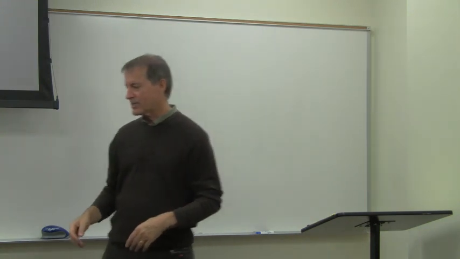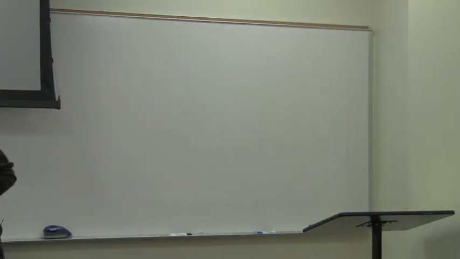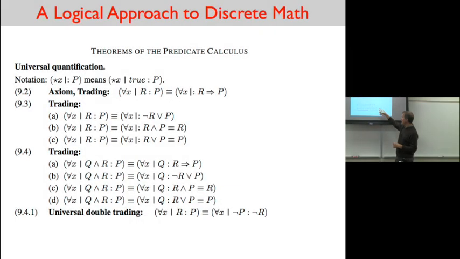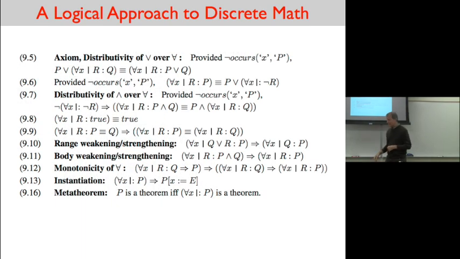Well, look, you guys, we have all these properties of for all. We have this trading, different versions of trading, universal double trading, an axiom here, and then all of this stuff: range weakening, body weakening, strengthening, that you're going to prove. P is a theorem, all this stuff, right?